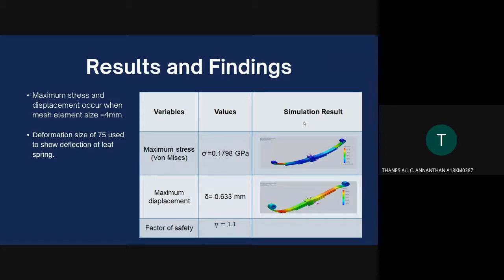From the simulation performed via SolidWorks, these are the results obtained. For your information, the maximum stress and displacement occur when the mesh element size is 4 mm, which is the smallest, thus providing the most accurate value. Also, a deformation scale of 75 is used in order to show the deflection of the leaf spring.